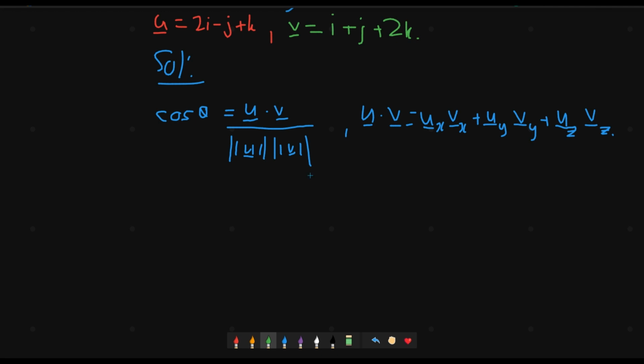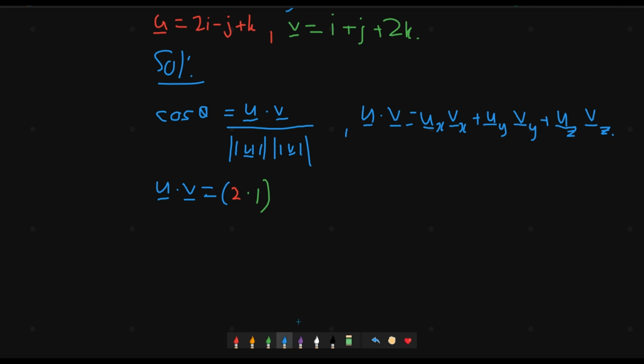So first of all, let's work out u dot v. So u, let's not do it in green, let's carry on in blue. So u dot v is going to be ux times vx, which is 2 times 1, because the coefficient of i is 1.